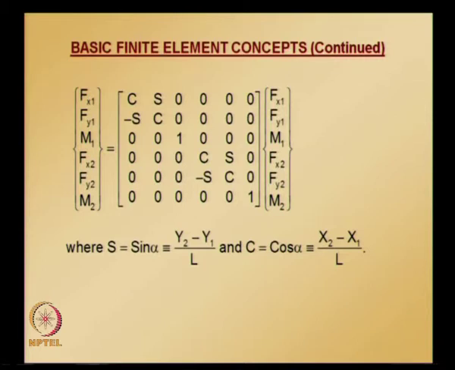The left hand side is the force vector in the local coordinate system, and what you have on the right hand side is the transformation matrix and the force vector in the global coordinate system.